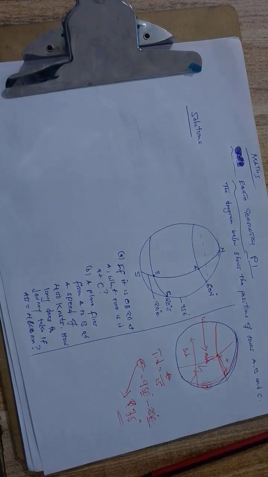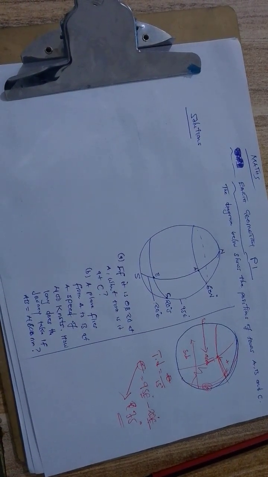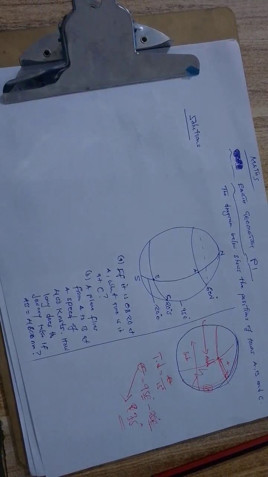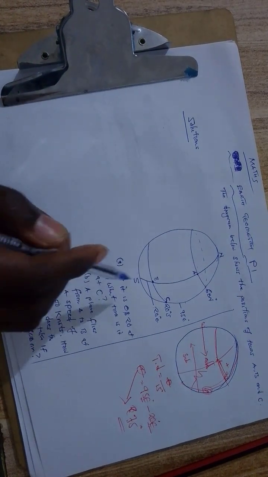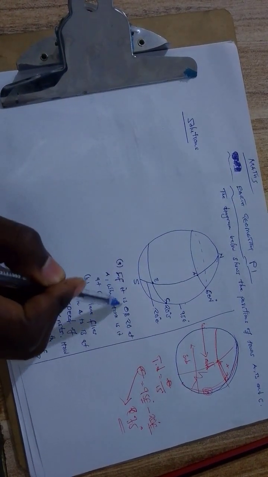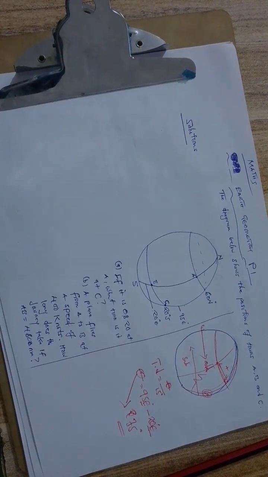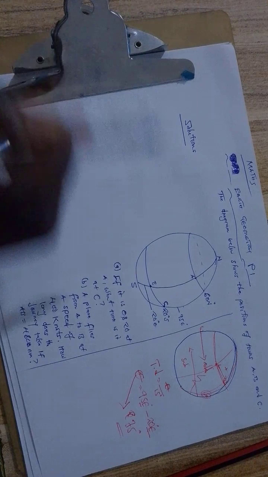So now let's do our question. If it is 0820 at A, then what is the time at C?